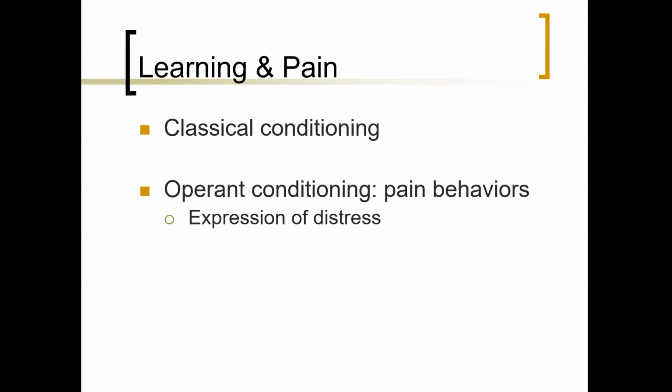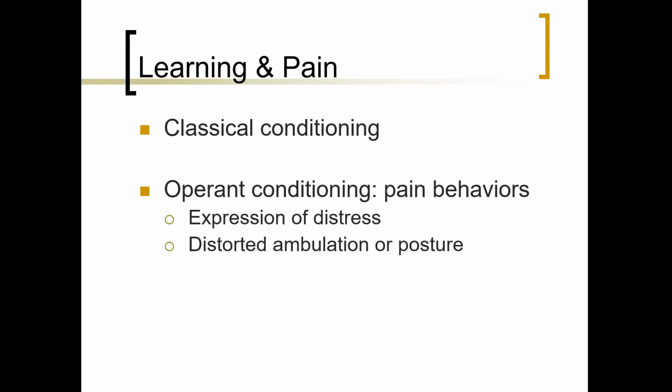Now, for any of these things, I don't want to imply that people who are experiencing pain know that they're getting rewarded or are doing this intentionally. But it does happen that people talk about their pain and they receive sympathy. Sympathy is added. They're more likely to express distress in the future.